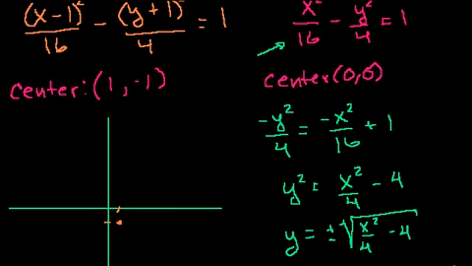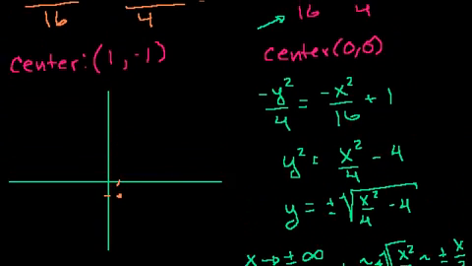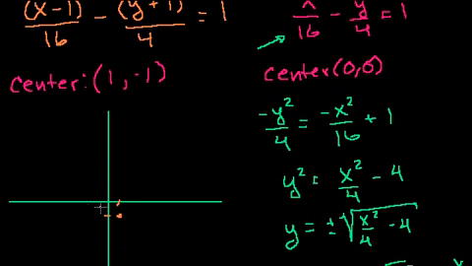Then the slopes of the asymptotes were positive and negative 1/2, right? So let's do the positive 1/2. That means for every 2 you run over in the positive x direction, you move up 1. So you go to the right 2 and up 1. That's the first one, and let me draw that asymptote.